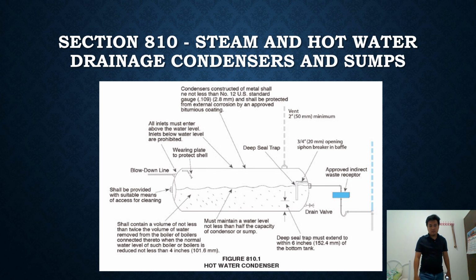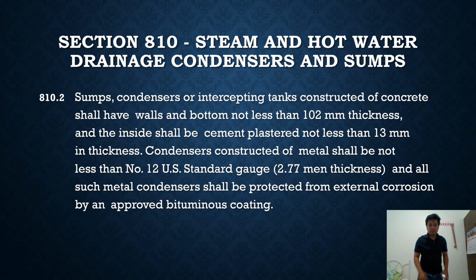Next, section 810.2. Some condenser or intercepting tanks constructed of concrete shall have walls and bottom not less than 102 mm thickness, and the inside shall be cement plastered not less than 13 mm in thickness.